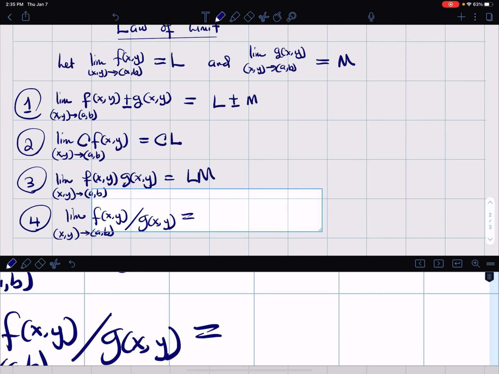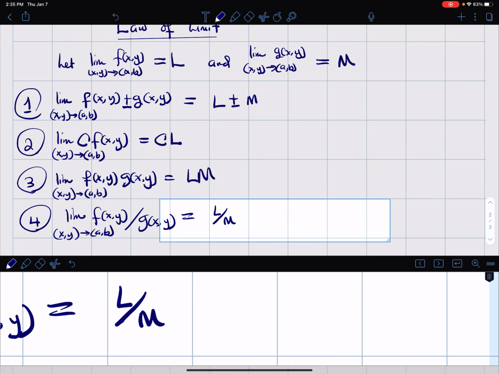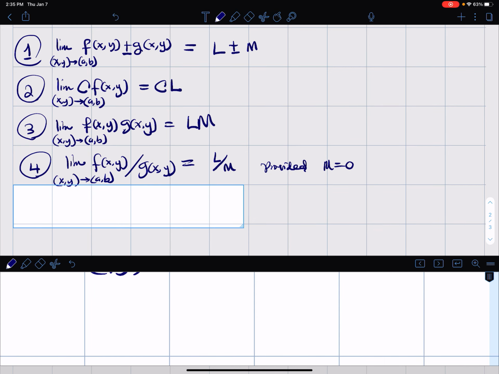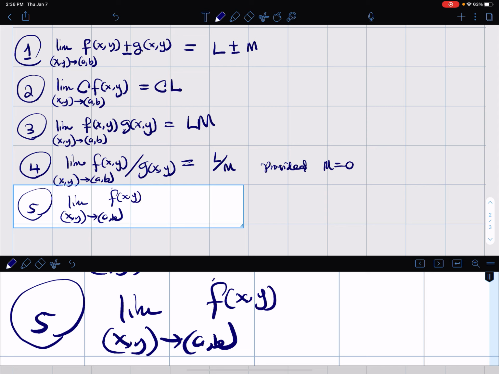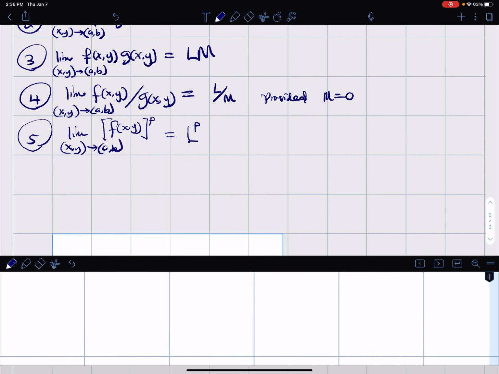This is just L over m, but we have to make sure that m is not equal to 0. How about the limit as (x, y) goes to (a, b) of f(x, y) to the power of some p, where p is a real number? This is just L to the power of p.